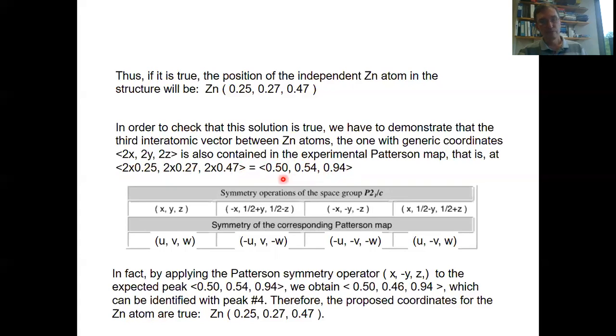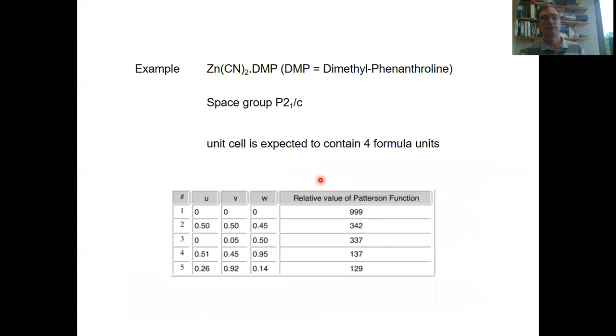So this here should correlate to a peak in the Patterson map. However, when we look, then we see that peak number 4 comes close to that, but it's actually not quite right.